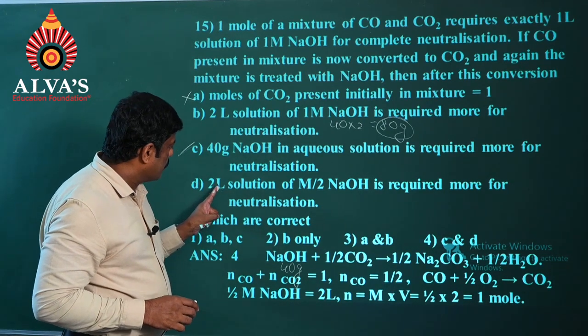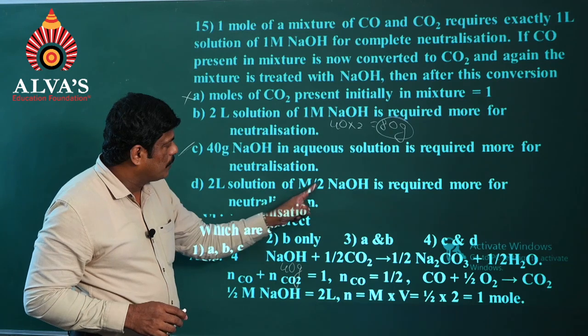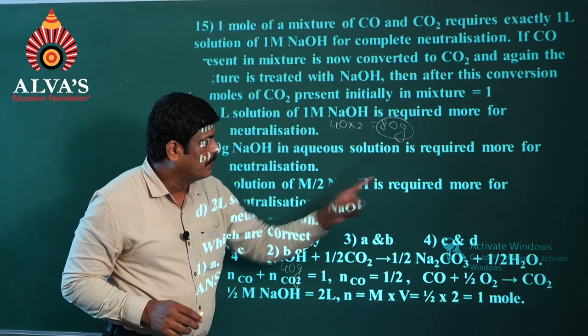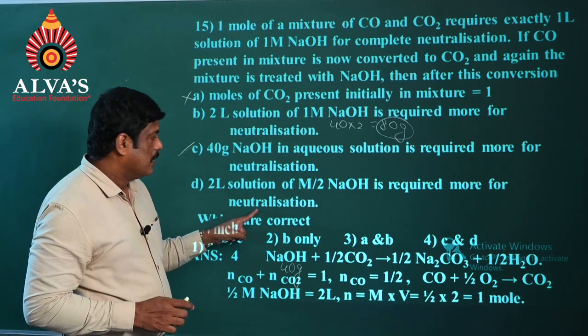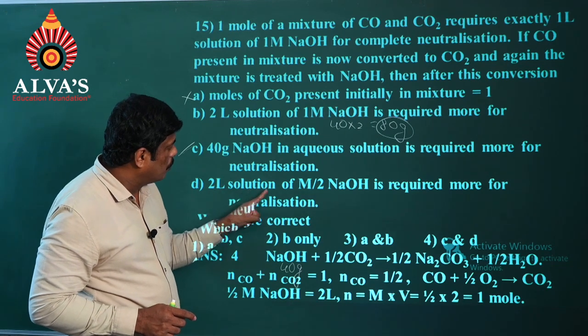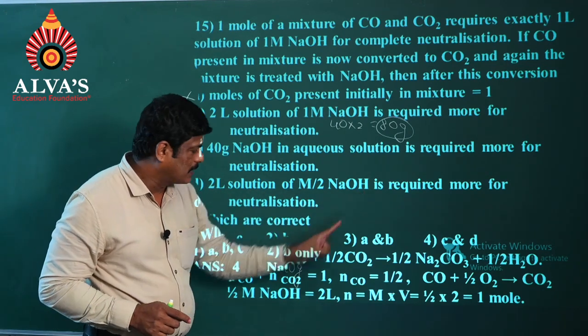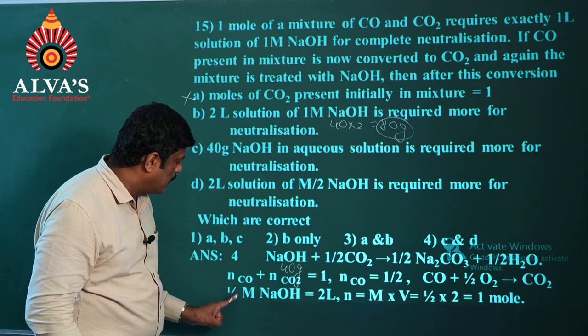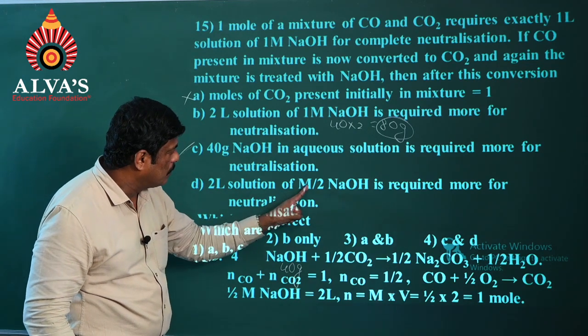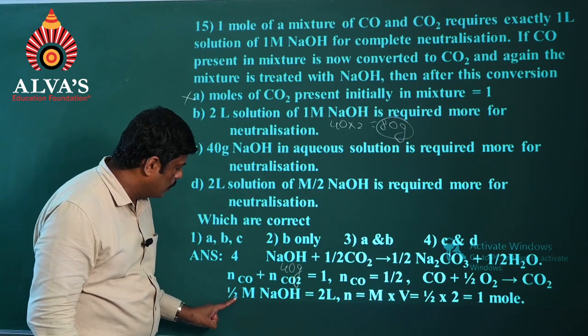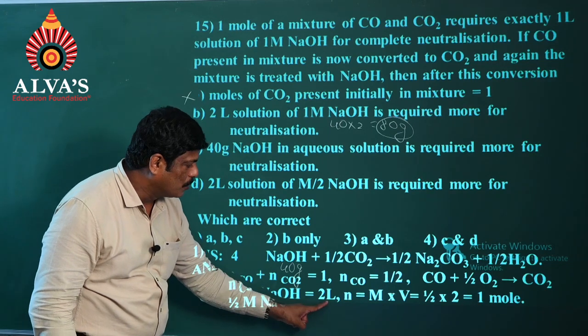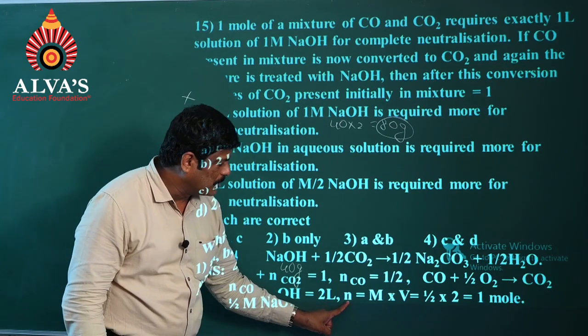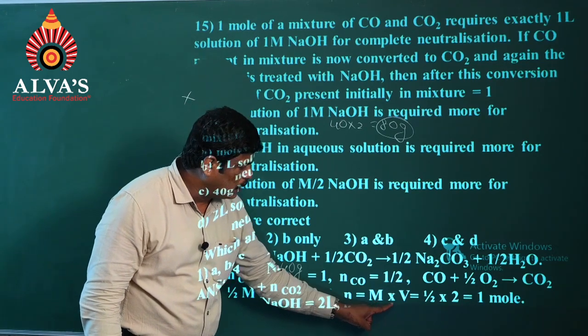Let us see the fourth option. 2 liter solution of M/2 sodium hydroxide is required more for neutralization. See, 2 liter solution of M/2 sodium hydroxide means 2 liters of 1/2 M sodium hydroxide. Number of moles is equal to molarity into volume.